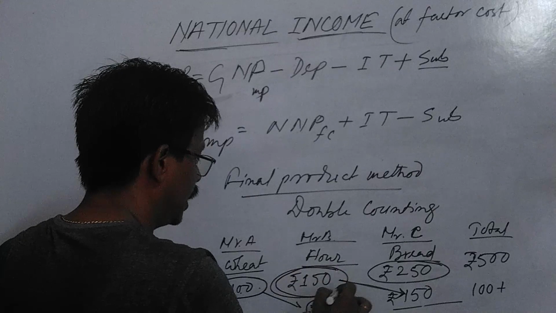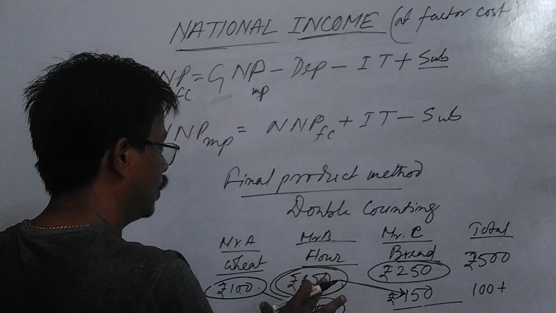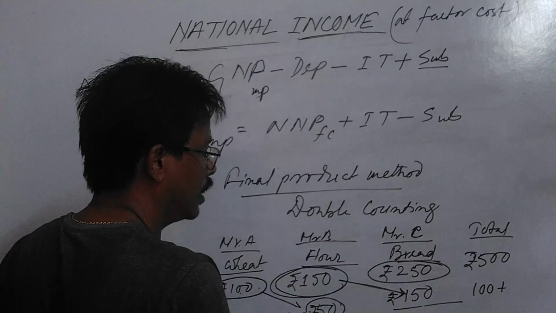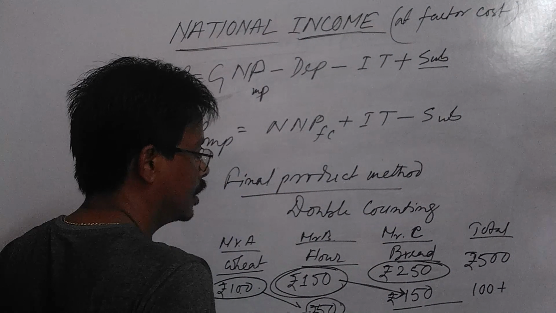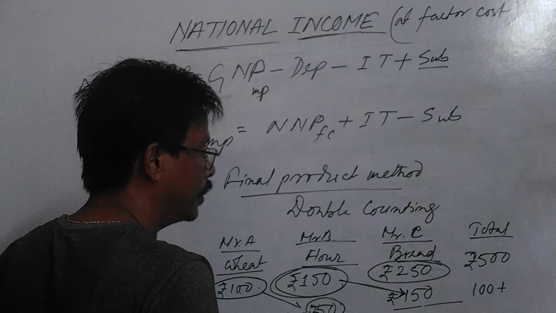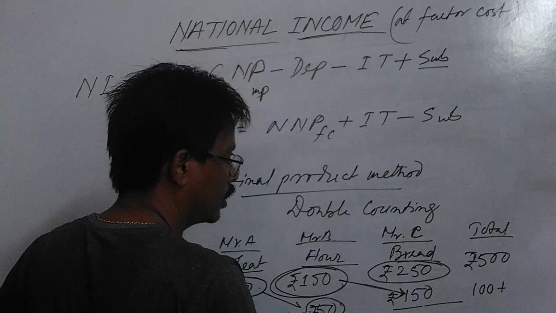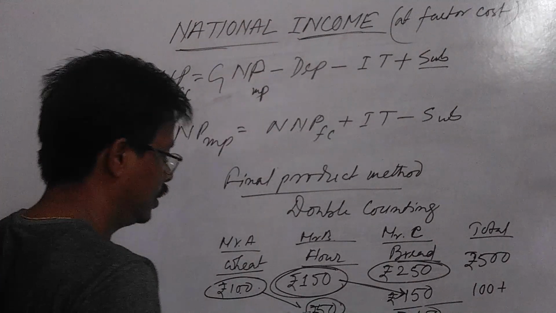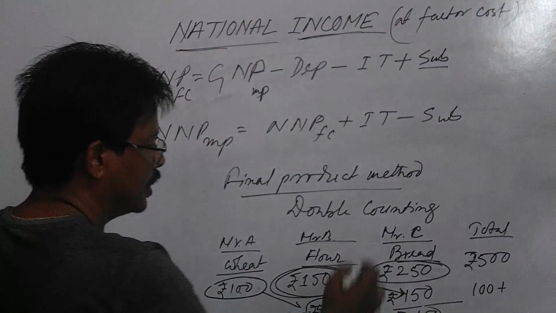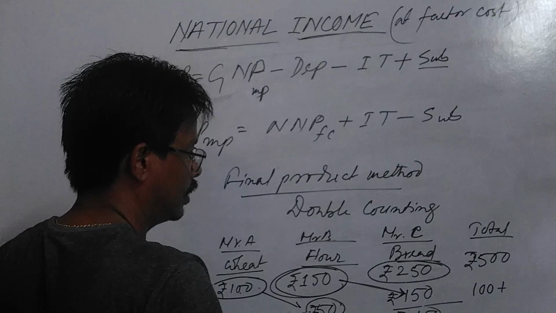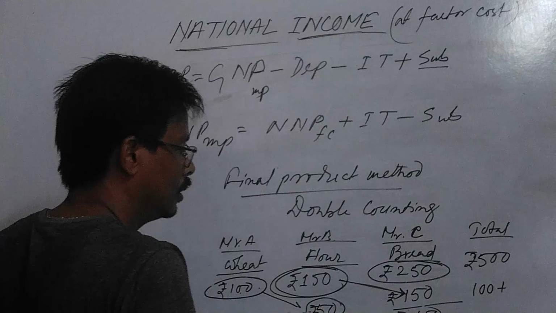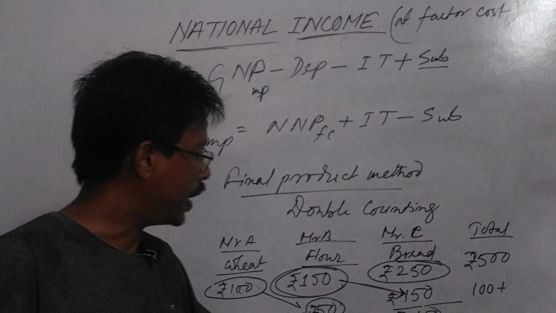Whatever flour is produced by Mr. B is used as raw material by Mr. C. Then actually Mr. C is producing how much worth of bread? That is rupees 100. It means Mr. C has added value of rupees 100 to convert the flour into bread.